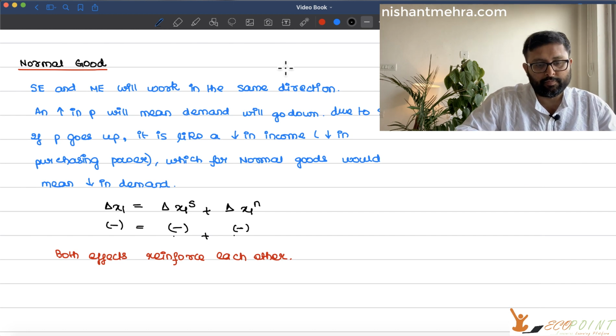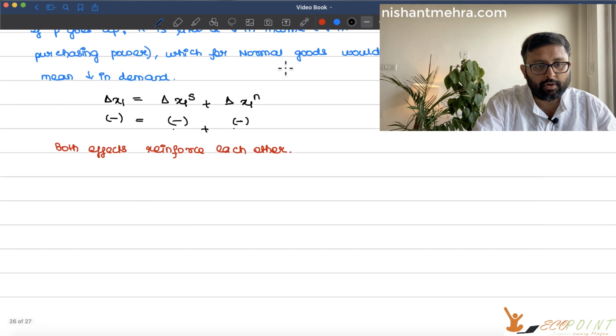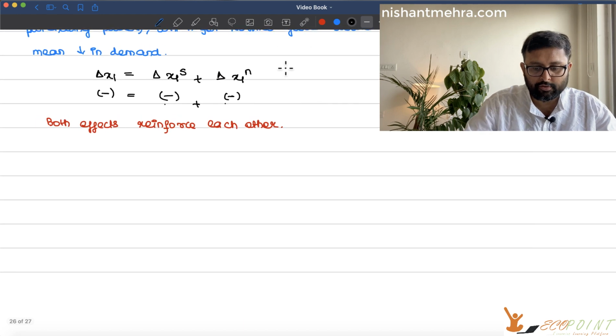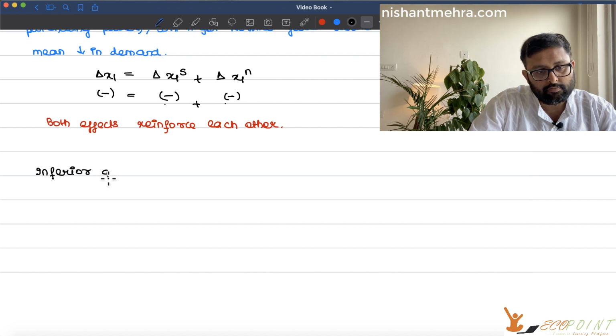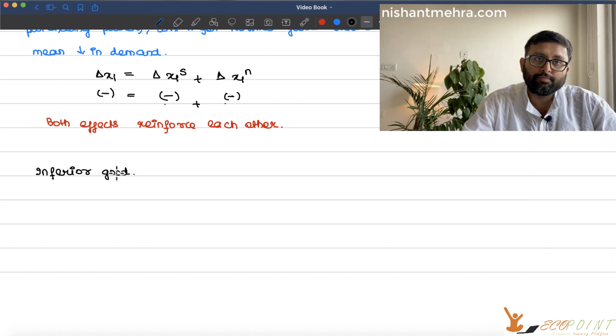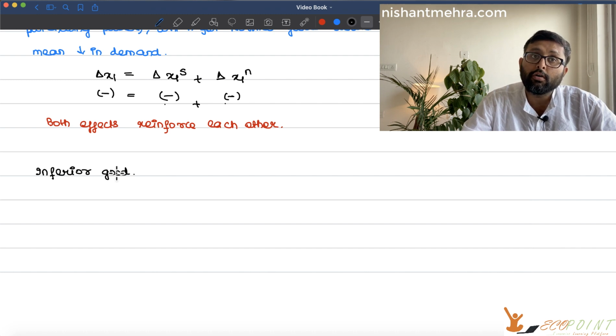Then you have the inferior good. An inferior good means that when your income increases, demand for such a good falls. When the income of an individual increases, demand for such a good is going to fall.